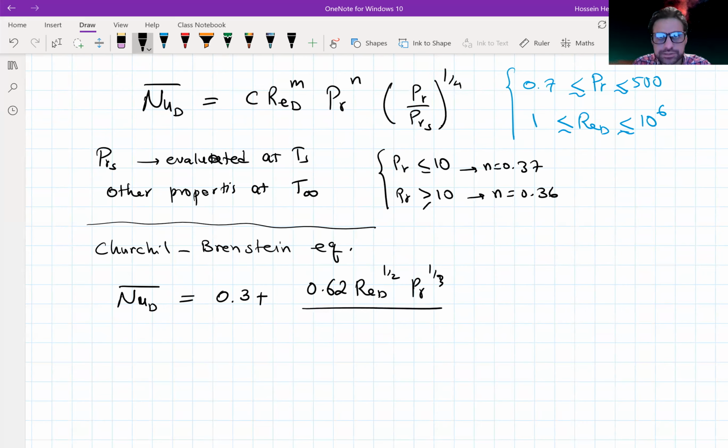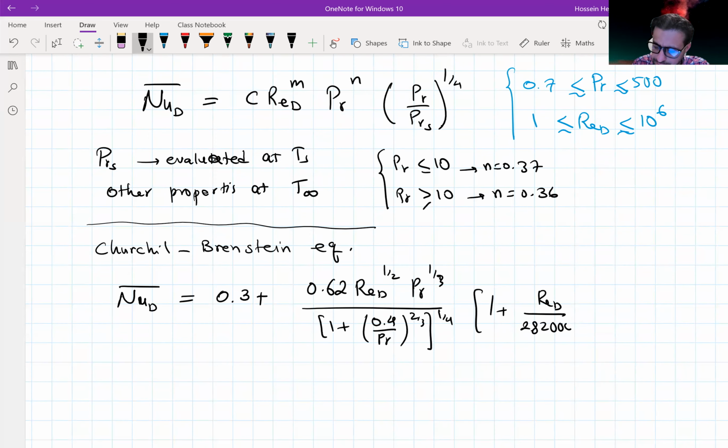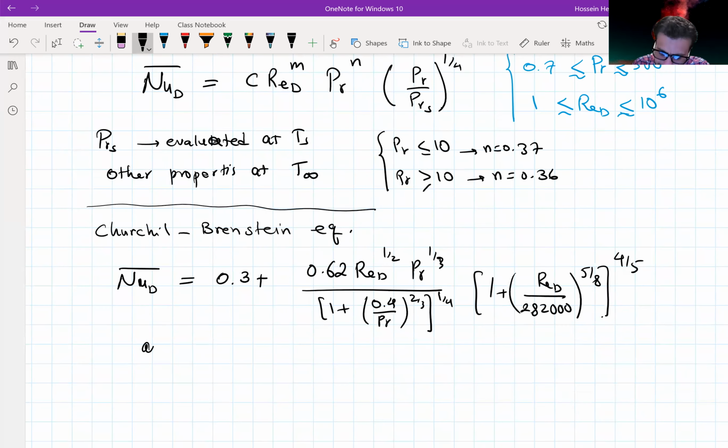You would see these equations in your text, in case I'm misstating anything. And all properties are at film temperature, T_f.